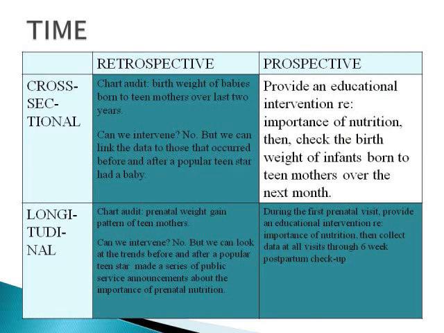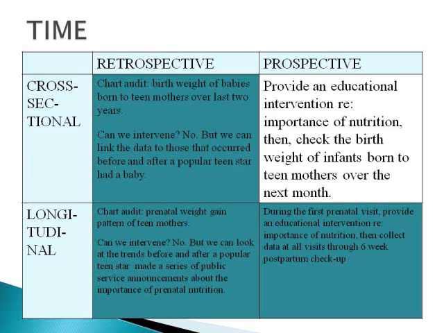Prospective cross-sectional. We can provide an educational intervention about the importance of nutrition, then check the birth weight of infants born to teen mothers over the next 2 months. Remember, we're only collecting data on each person once.